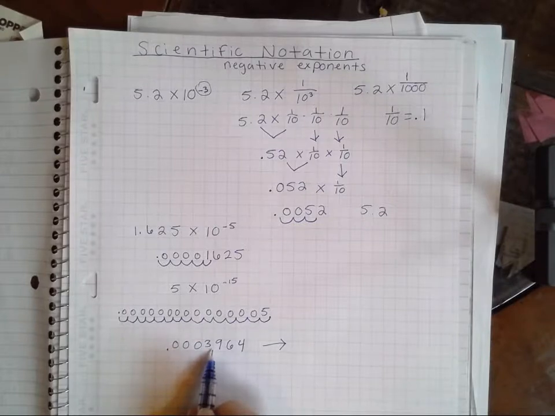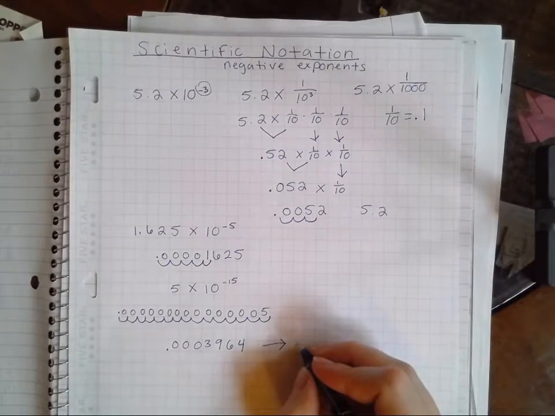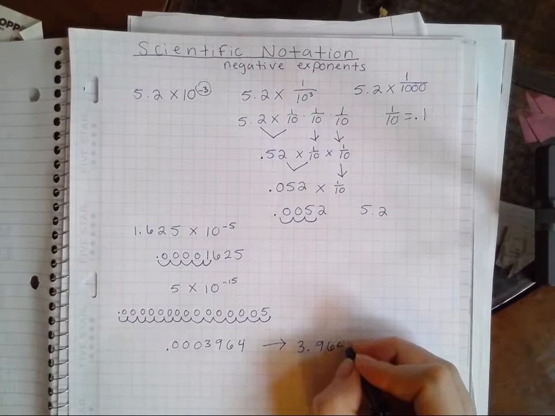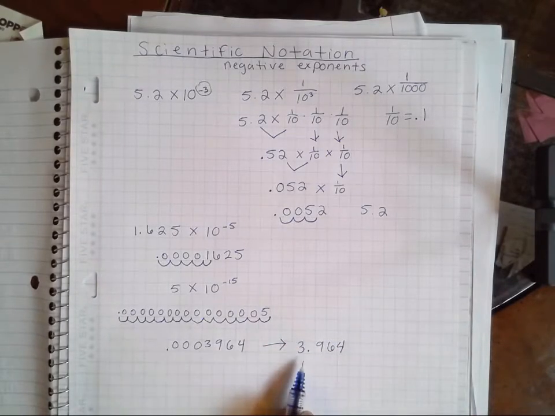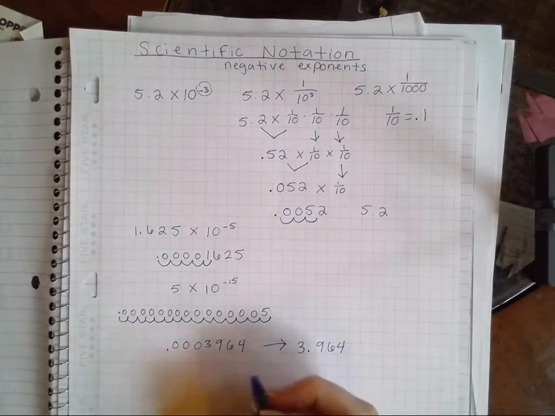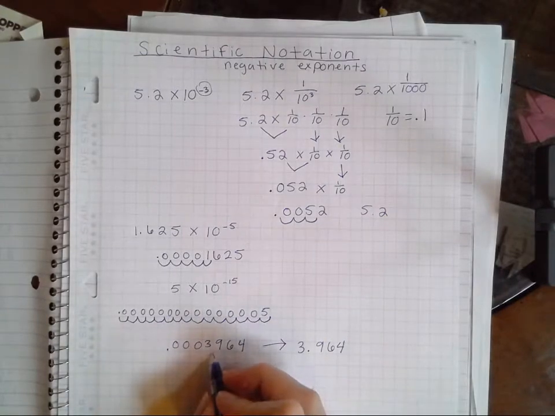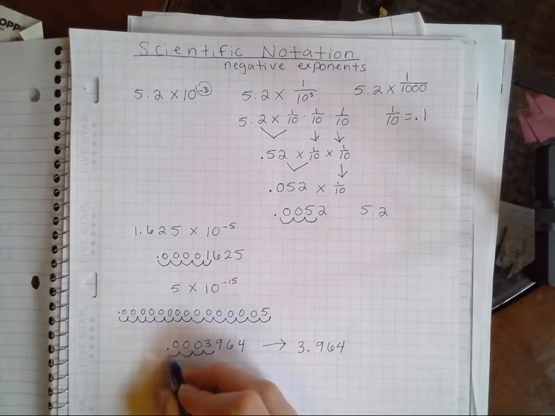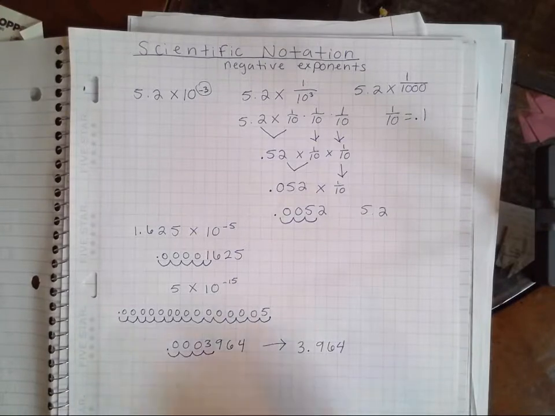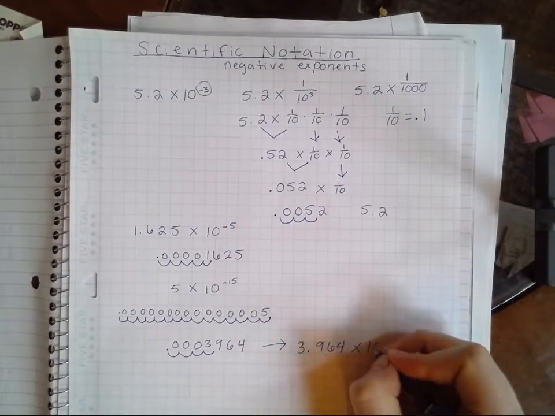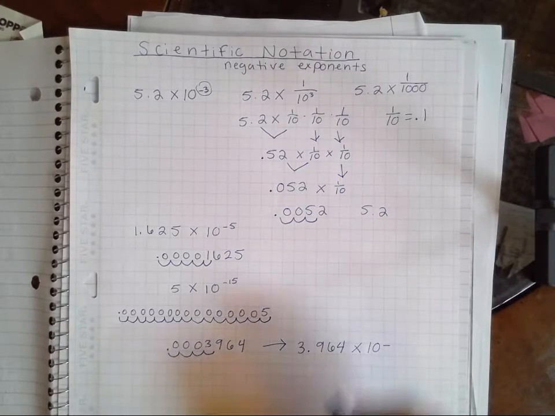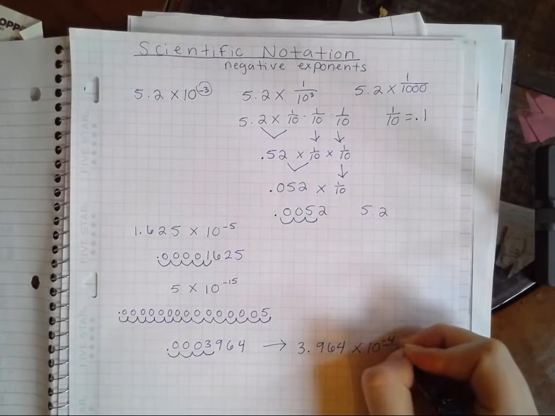So the decimal point is going to have to be between 3 and 9. We're trying to get to 3.964, because that's between 1 and 10. We want to put the decimal point there, but right now it's 4 places over. So we multiply by 10. We didn't know the power before, but since we're moving the decimal 4 places, we make it a negative 4.